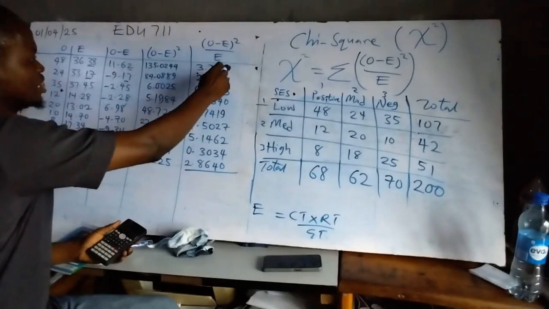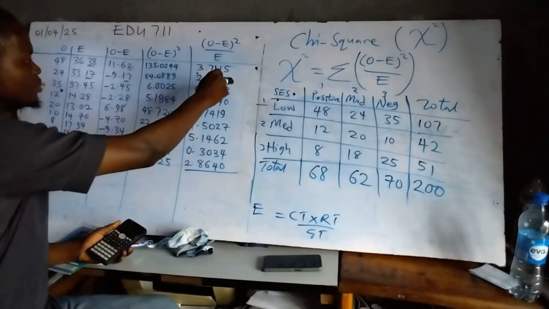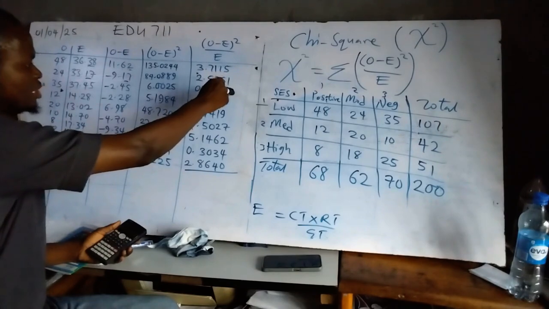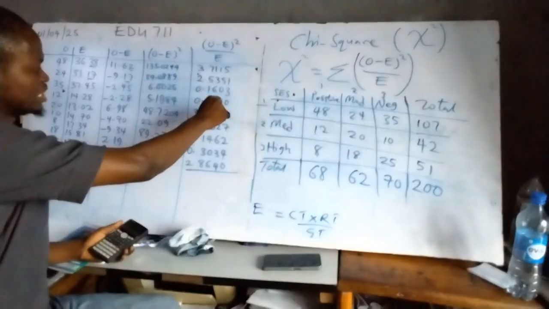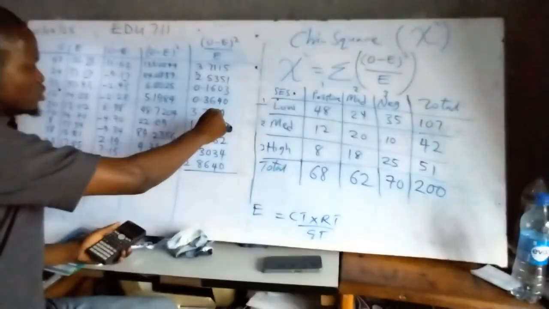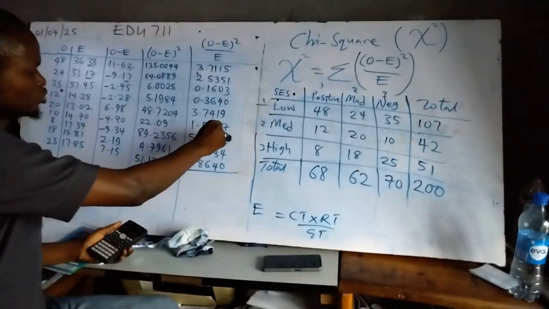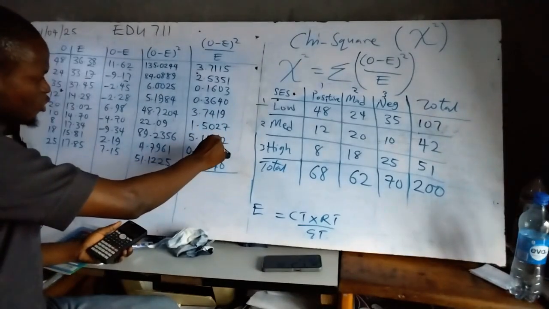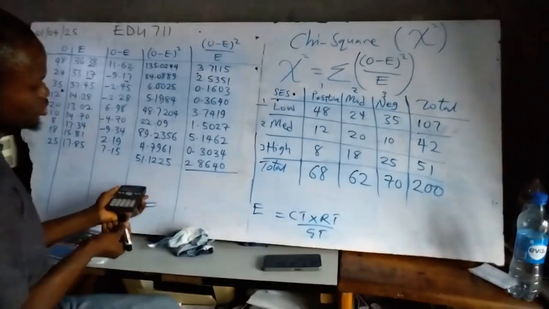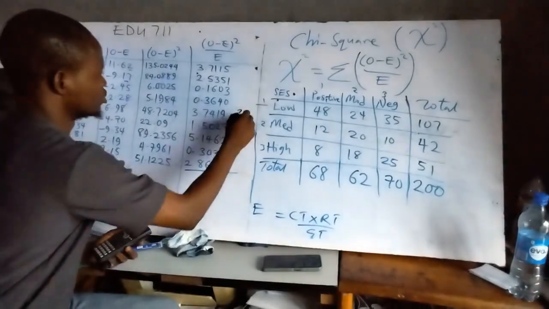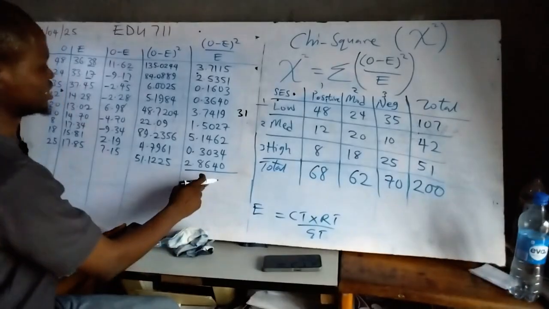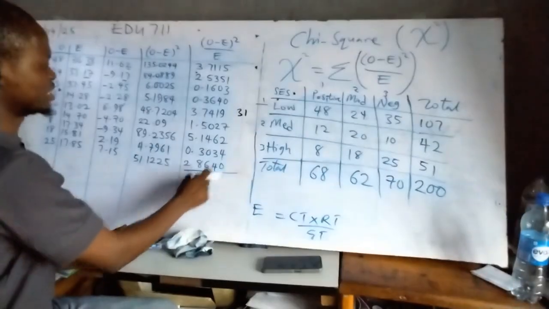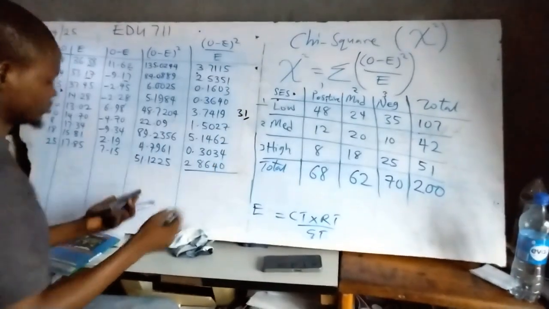Look at the last digit here. 5 plus 1, that's 6, plus 3, that's 9, plus 9, that's 18, plus 7, that's 25, plus 2, that's 27, plus 4, that's 31. So it means that by the time we sum it up, the last digit of the summation must be 1.